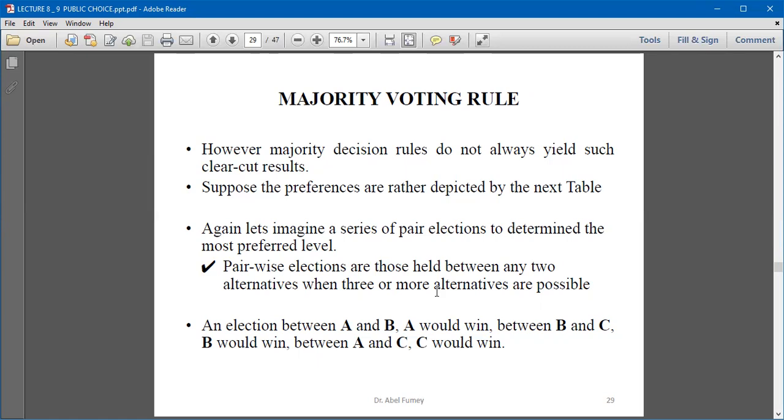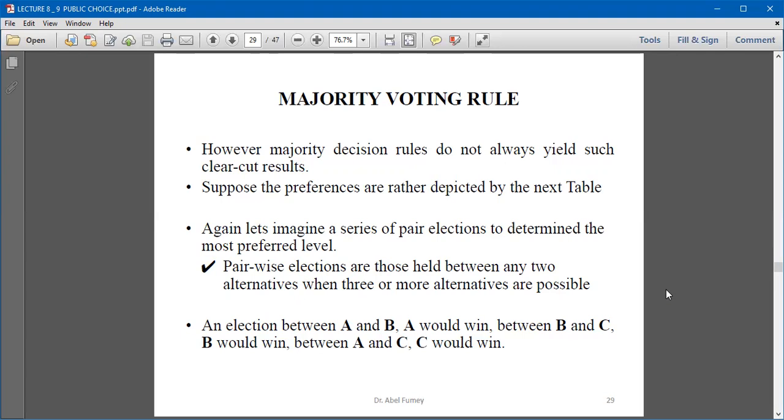So for this case, the alternatives are A, B, and C, but we just do pairwise election between either A and B, or B and C, or A and C. So whenever we see pairwise election, that is what it means.